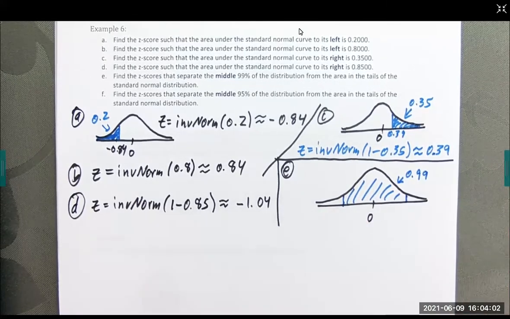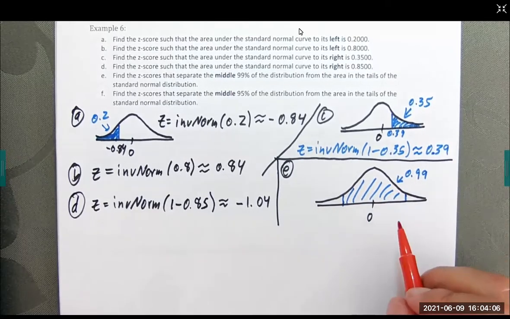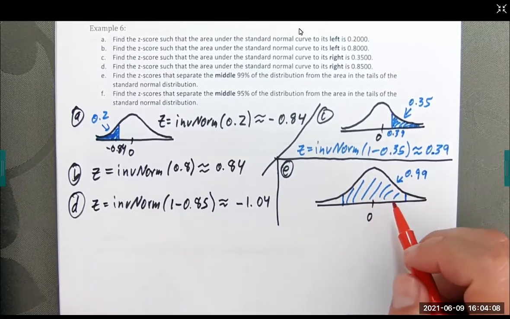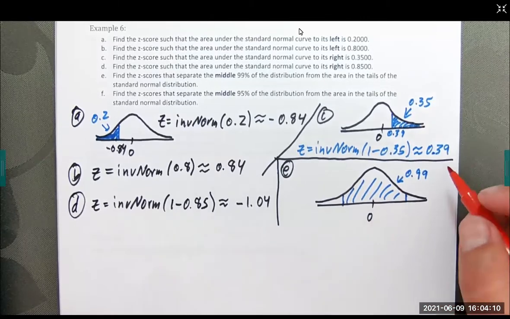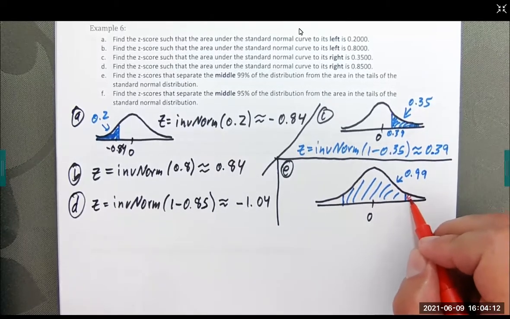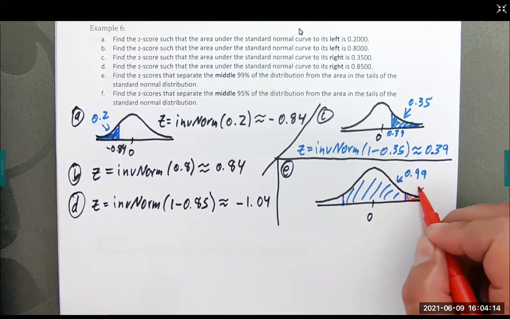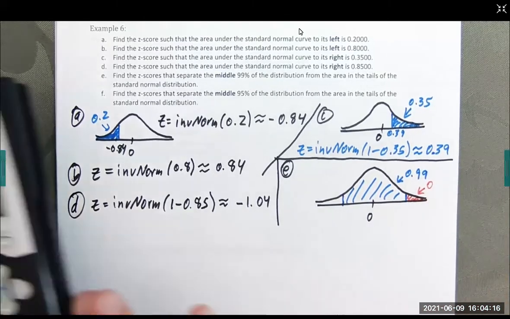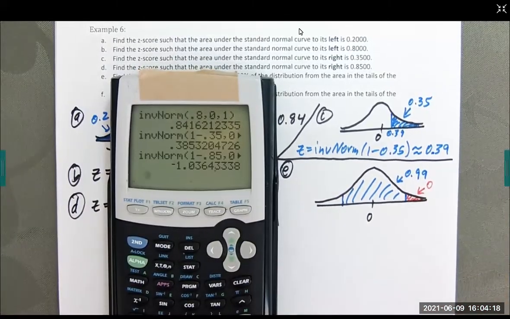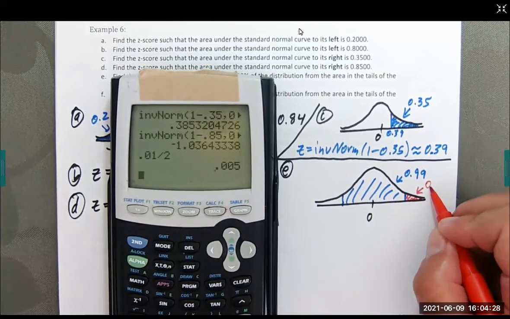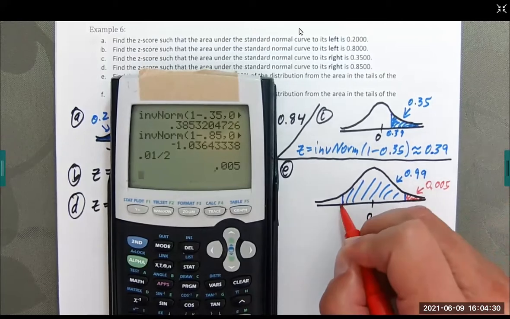So I want to be clear. If all of it has to equal 1, and the middle part is 0.99, that leaves 0.01. And half of that's going to go there. So we're left with 0.01, and I have to divide that in half. 0.005, same on this side.